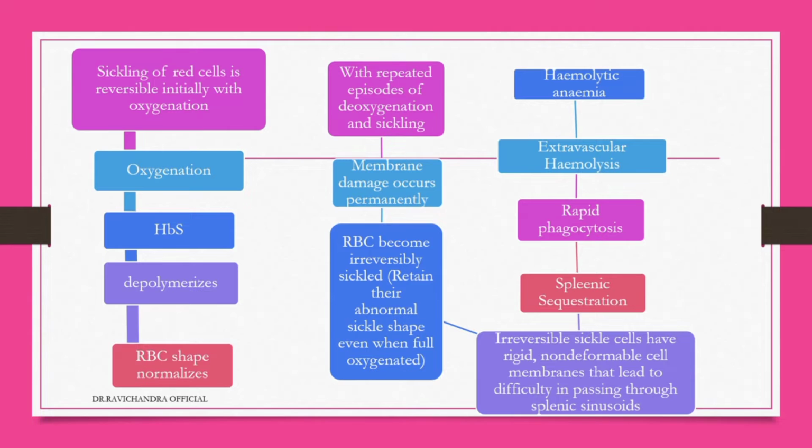Irreversible sickle cells have rigid, non-deformable cell membranes that lead to difficulty in passing through the splenic sinusoids. As a result, there will be splenic sequestration followed by rapid phagocytosis, which will result in hemolysis outside the blood vessel, that is extravascular hemolysis, resulting in hemolytic anemia.